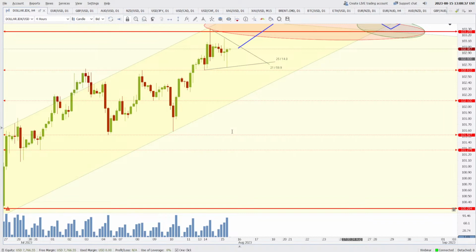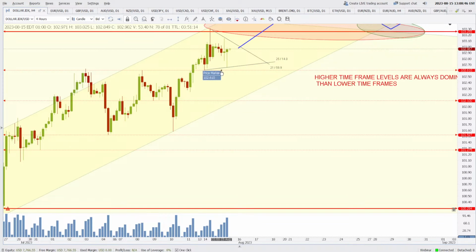So if we are talking about this support, this is a 4-hour time frame support, but this resistance is a weekly time frame resistance. So I'm expecting this to hold and the price to break below 102.61.